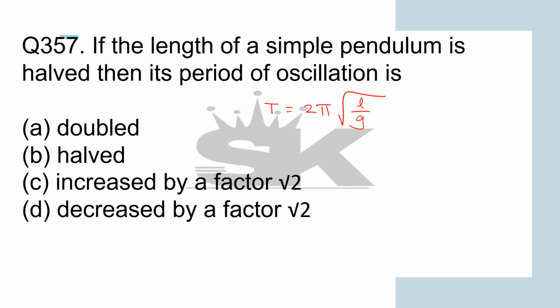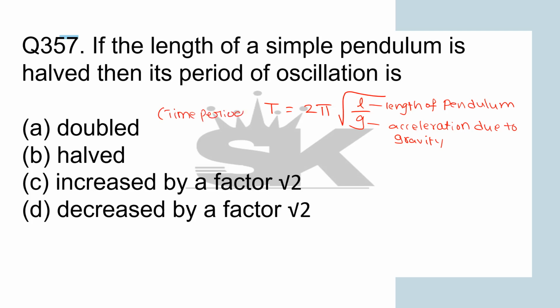Here L is the length of the pendulum, and g is the acceleration due to gravity. I think everyone knows this formula, right? So T is the time period.